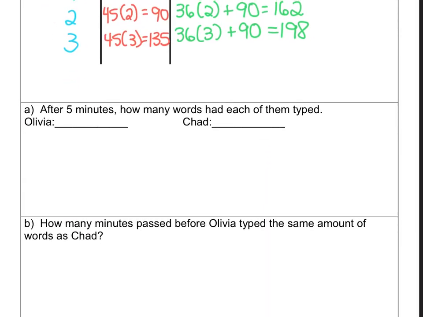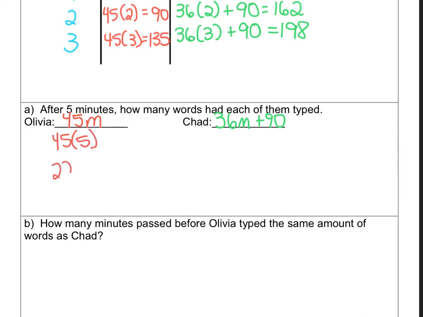So the next question says, after 5 minutes, how many words has each of them typed? Okay, well, let's go ahead and write down the expression we were using for each. For Olivia, it was 45 words per minute. For Chad, it was 36 words per minute plus 90. So after 5 minutes, Olivia has 45 times 5.